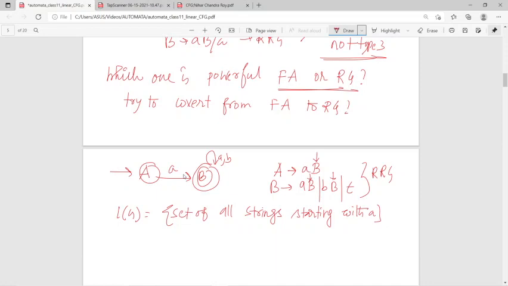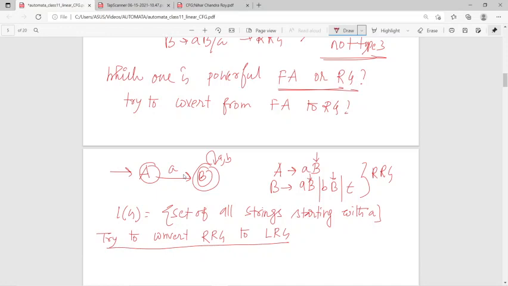Now we are trying to convert this right regular grammar to a left regular grammar.